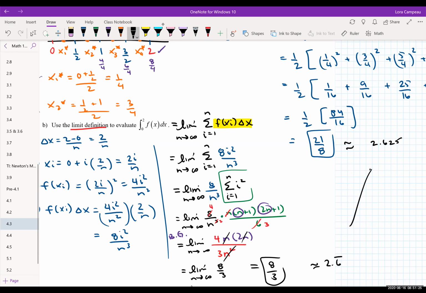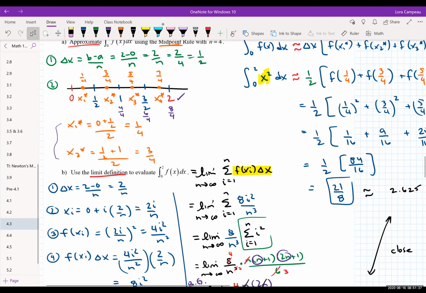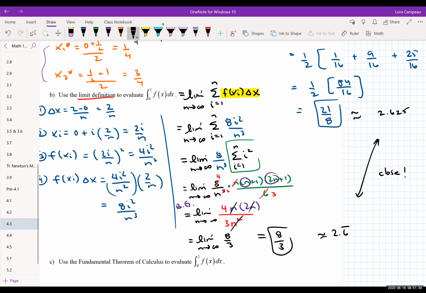So it's pretty close. Even with just 4 rectangles, that helped us. If you wanted to break it up into 8 rectangles or 16 or anything larger, we'd probably get pretty close. It's already pretty close, but we have the exact value right here. That's what we're interested in when we do the limit definition.